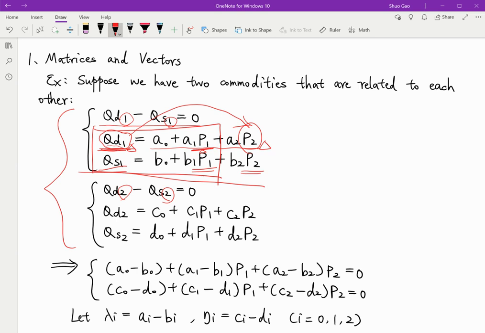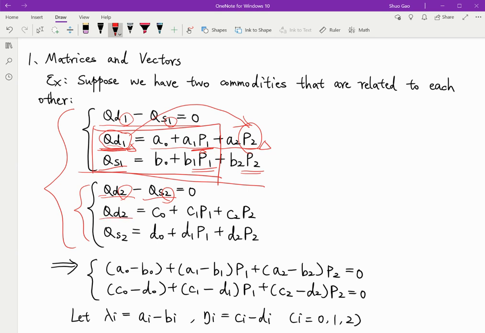So this is the supply, demand and equilibrium condition for the first commodity. And for the second commodity, everything is similar to the first one. We have the quantity demanded of the second commodity equals the supply quantity of the second commodity.